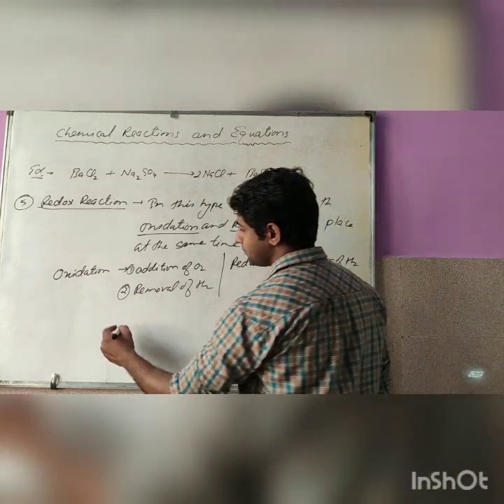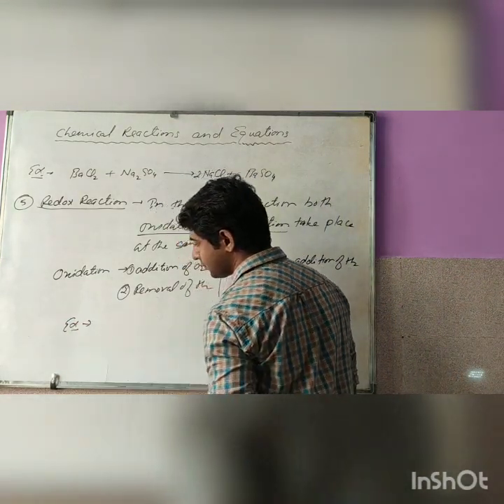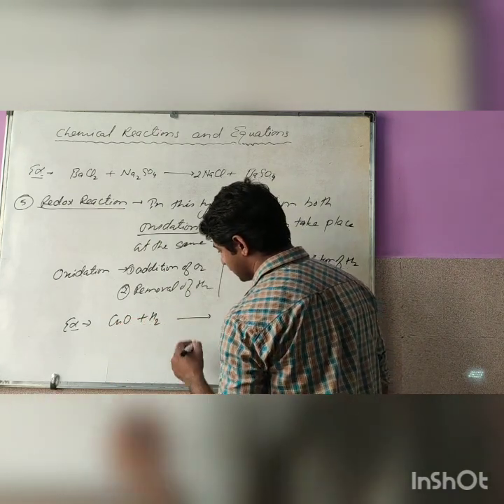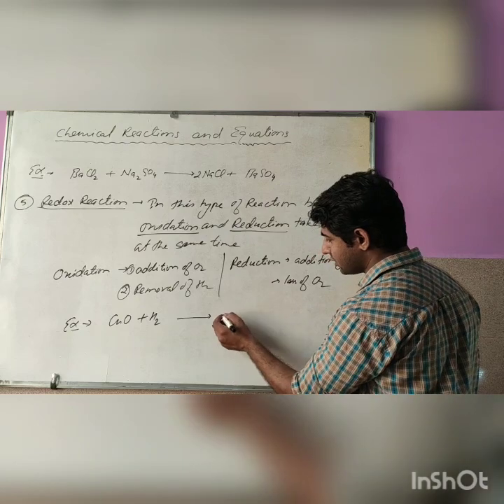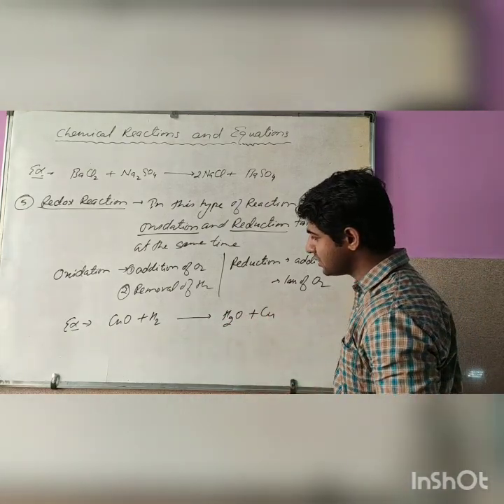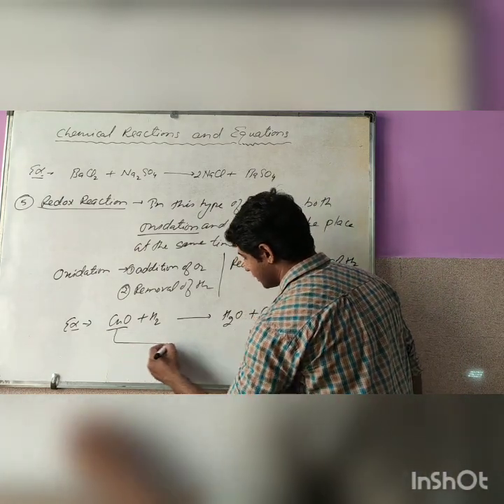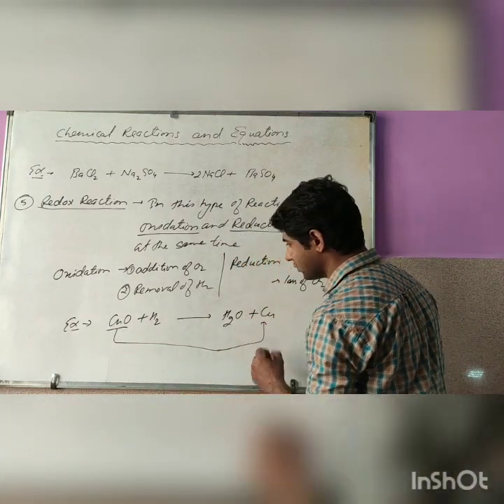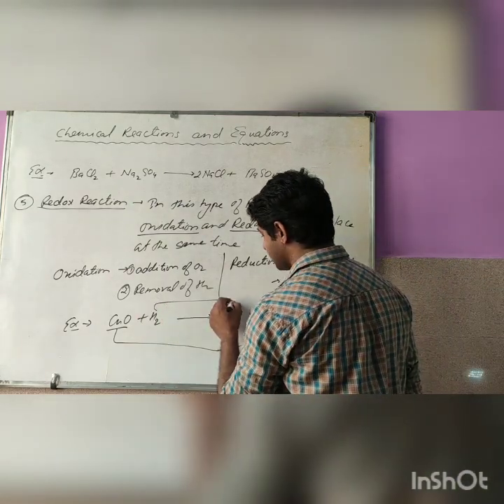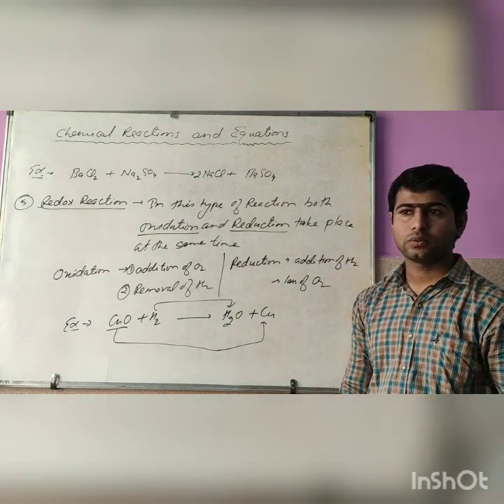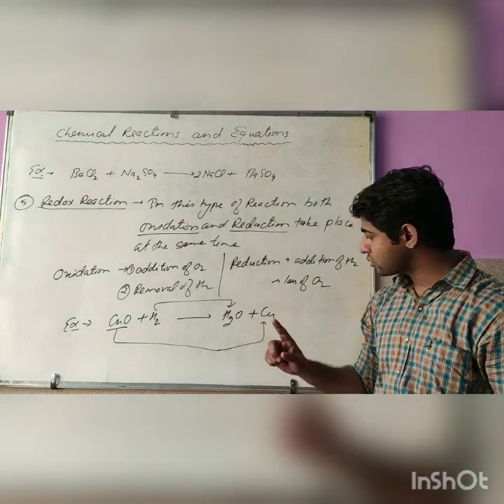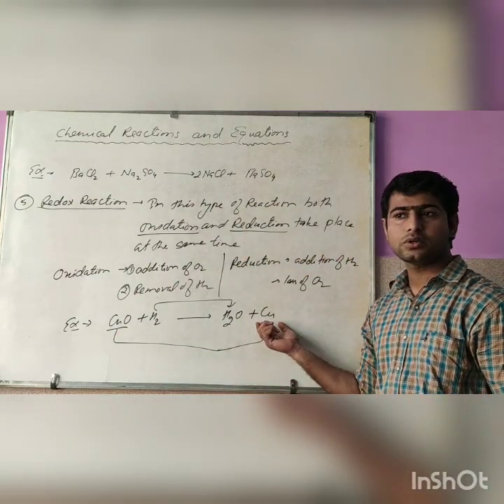For example, you can take CuO plus H2 giving H2O plus Cu. Now we can see CuO will change into Cu, copper, and hydrogen H2 will change into H2O. So from here we can easily see CuO loses an oxygen atom to change into Cu.